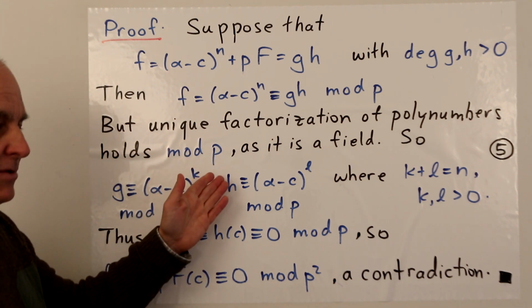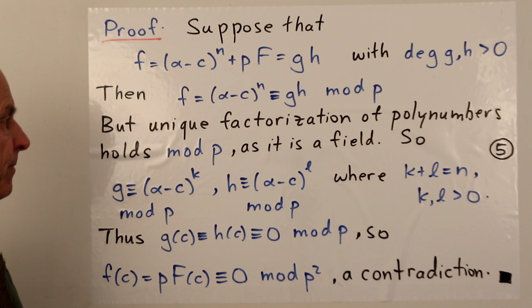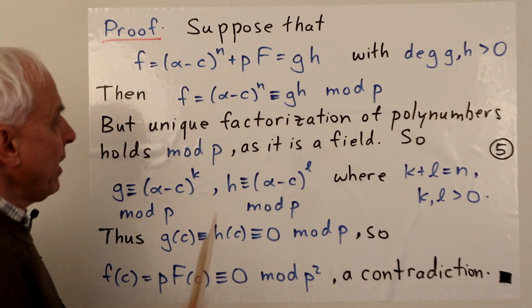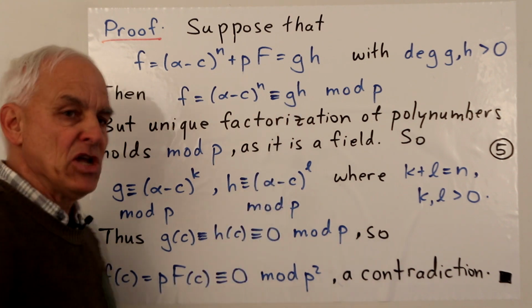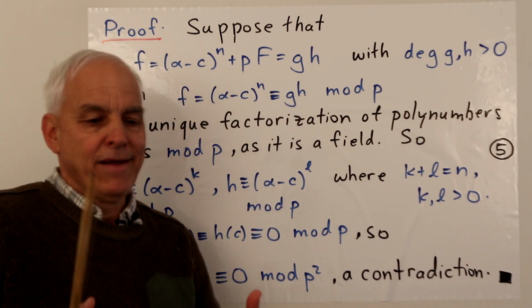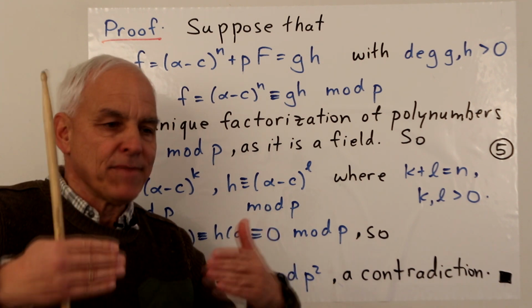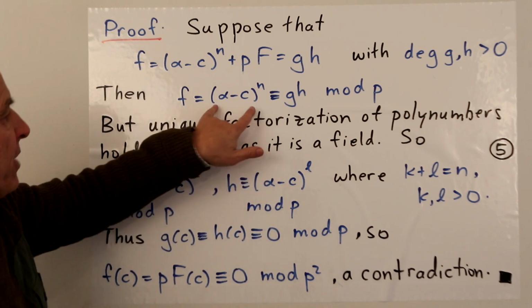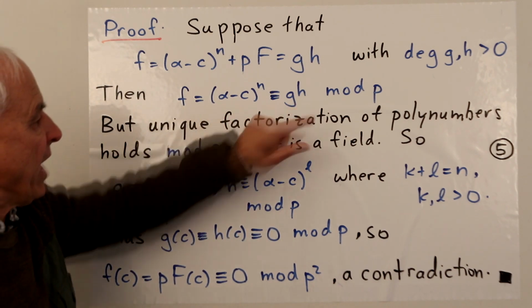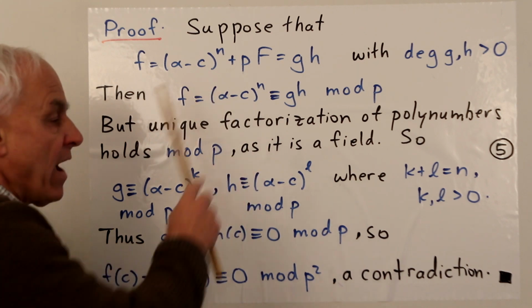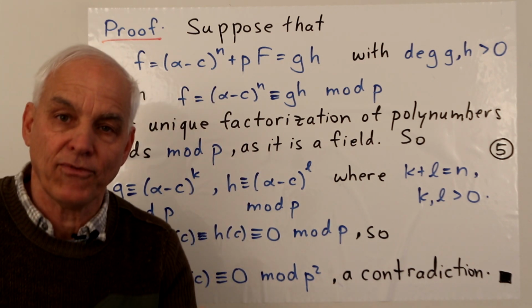But unique factorization of polynumbers holds mod p. This is a field, and so it has nice properties. So if we look at this, here's a polynumber, here's a factorization of it, but there's essentially only one factorization, at least when you dispense with multiplying by scalars. So the conclusion is that g and h actually have to be powers of alpha minus c themselves.